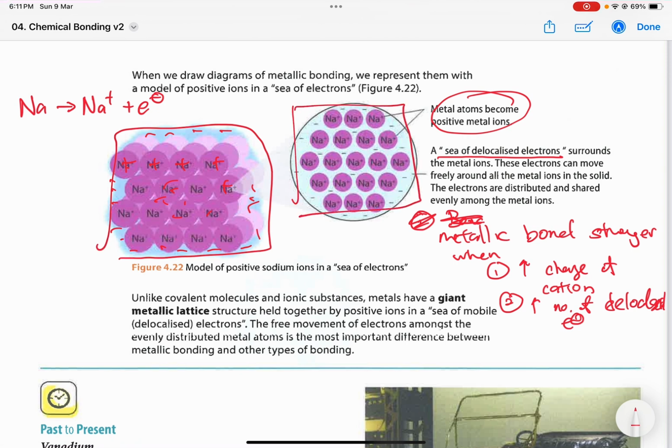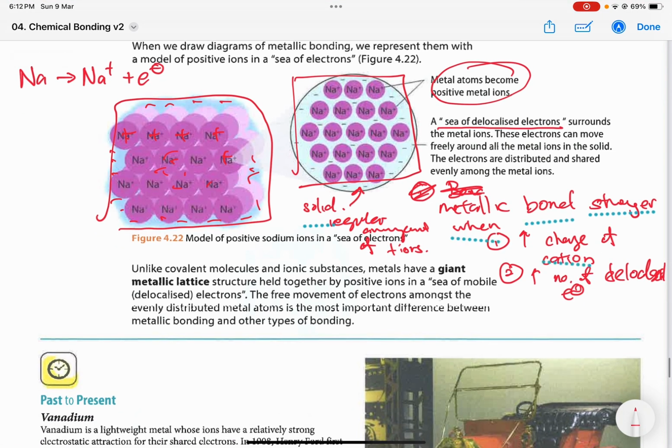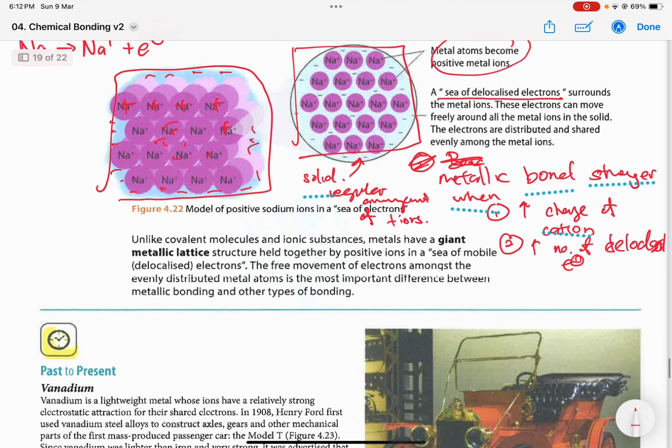If it's solid, you need to make sure that it's a regular arrangement of your positive ions. And then your sea of delocalized electrons just all around it. So knowing how to draw the model is key here.